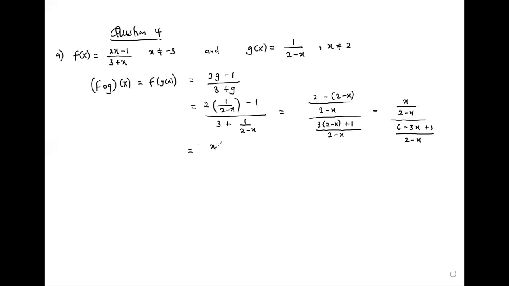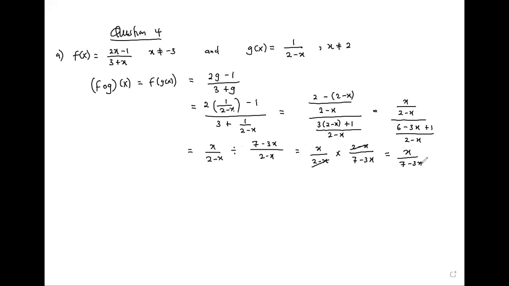That is equal to x over 2 minus x divided by 6 plus 1, that is 7, minus 3x over 2 minus x. This can be written as x over 2 minus x multiplied by 2 minus x over 7 minus 3x. So this piece and this one go, and then we have x over 7 minus 3x.